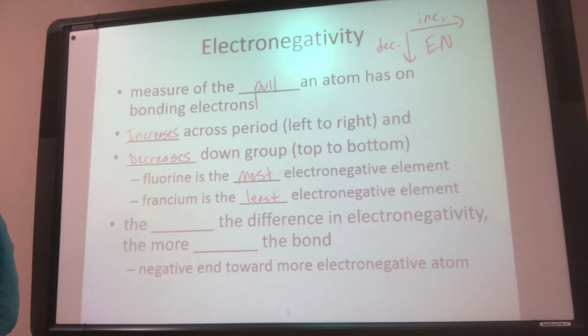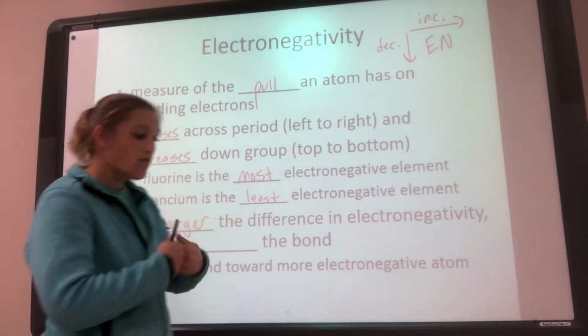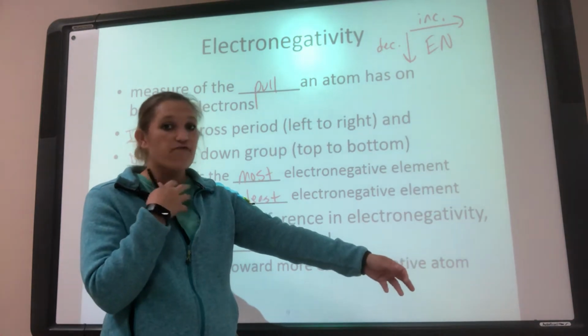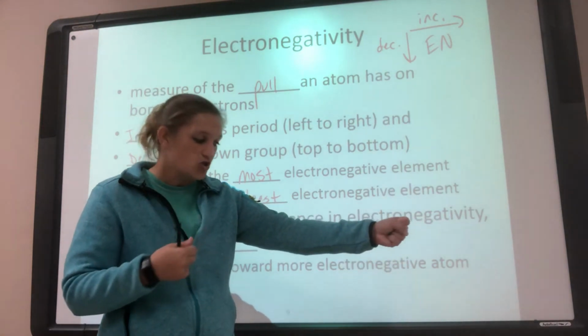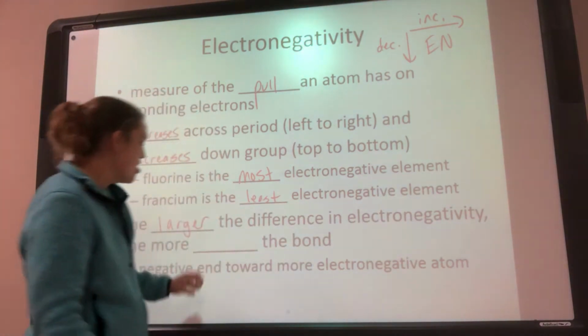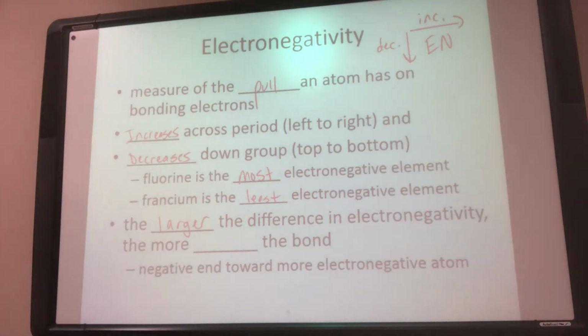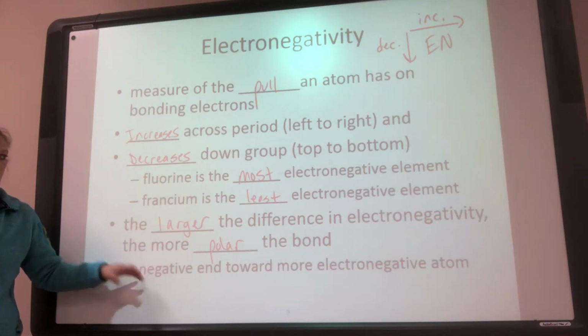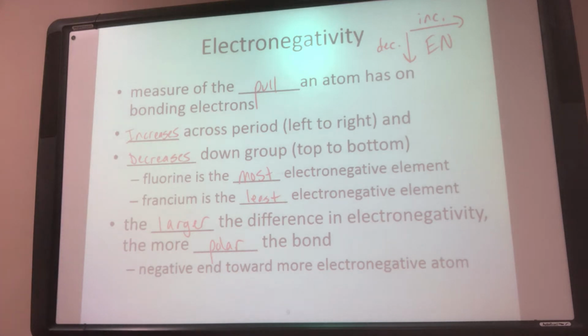Now, the larger the difference in electronegativity, meaning I want to pull a lot and they don't want to pull at all, so I'm really strong. If I'm fluorine and they're francium, the larger the electronegativity difference, the more polar the bond. Okay? And it's going to pull towards the negative end, towards the more electronegative atom.